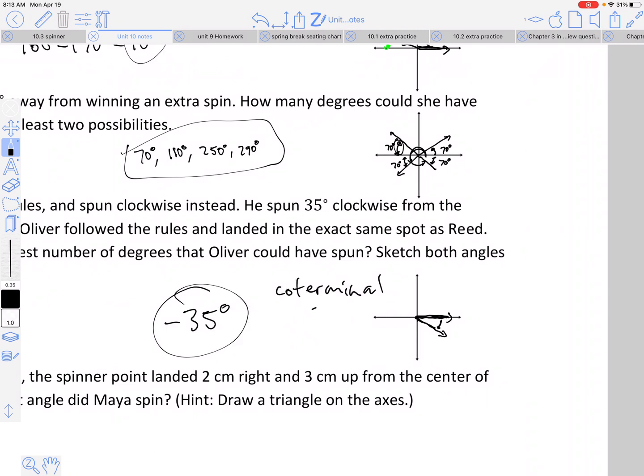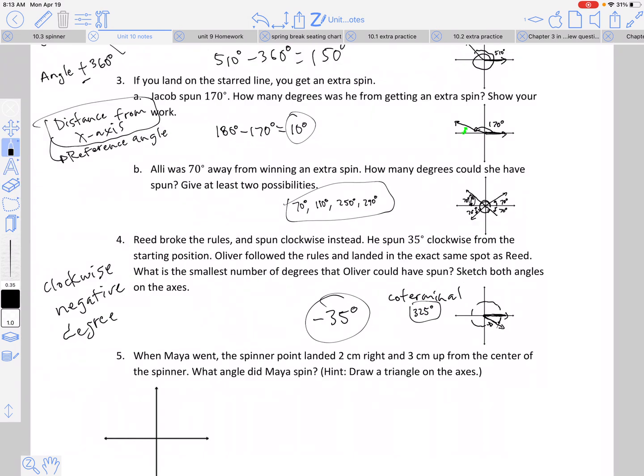And the coterminal would be 325, because the whole way around is 360, but we take out that 35 that he spun, so there's a coterminal if he would have spun clockwise. But he didn't. If he would have done counterclockwise, as he was supposed to. But he spun clockwise, which gives him a negative angle.